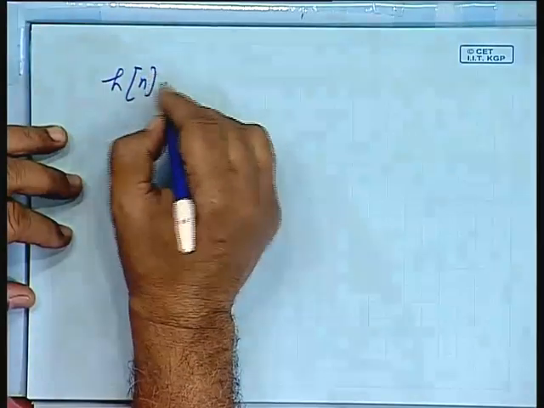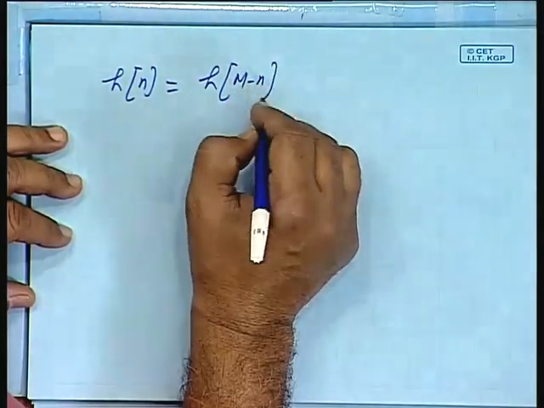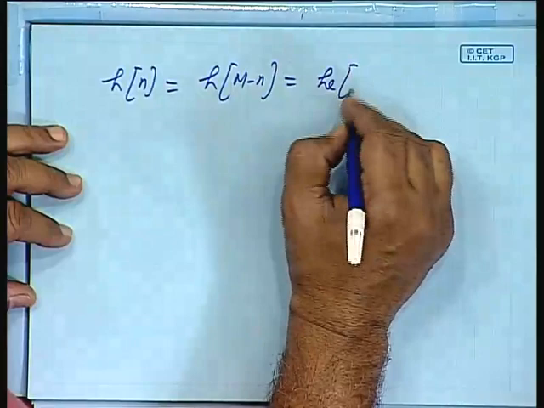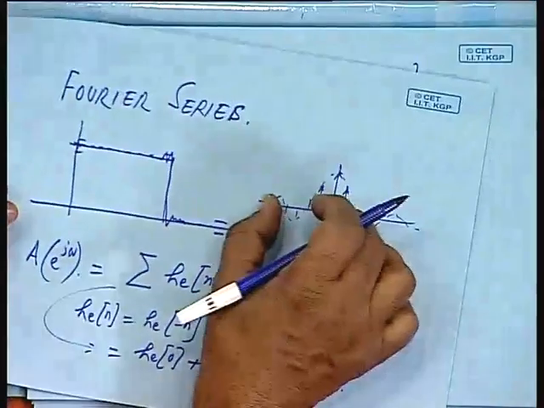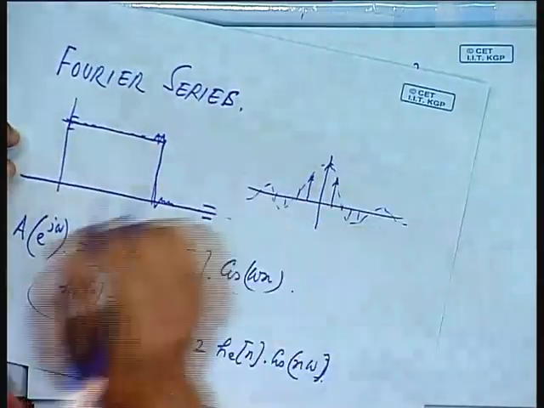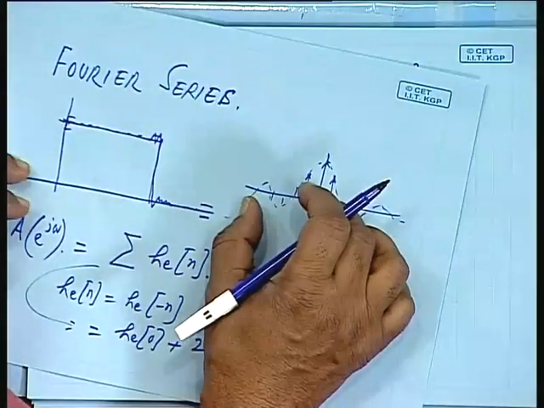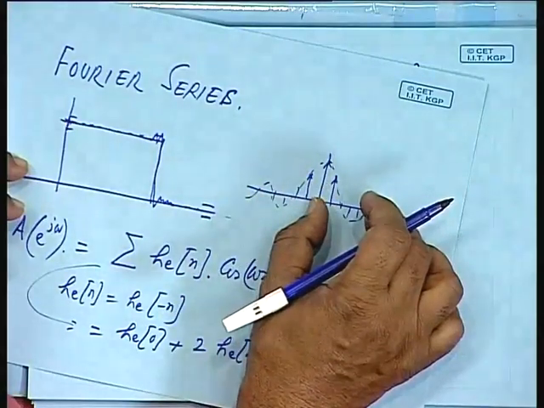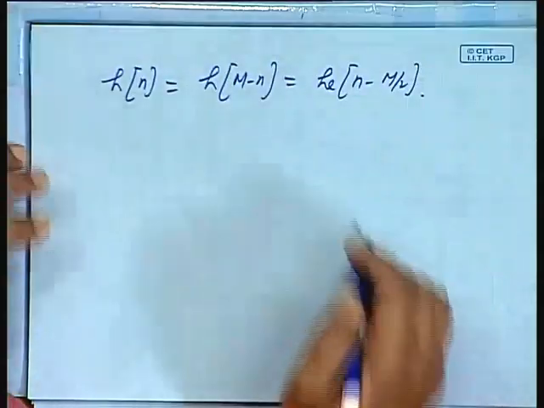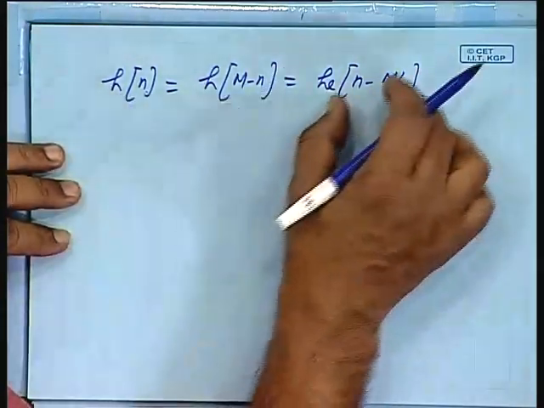Then we give a shift, so that the actual h n, which will be equal to h m minus n, is h e n minus m by 2, is it not? In that 9-point realization, we give a shift of 4 steps. So, you obtain the final filter coefficients by giving a shift.